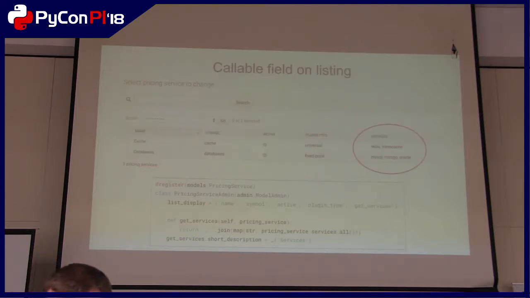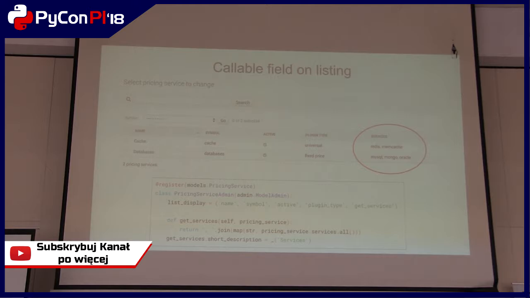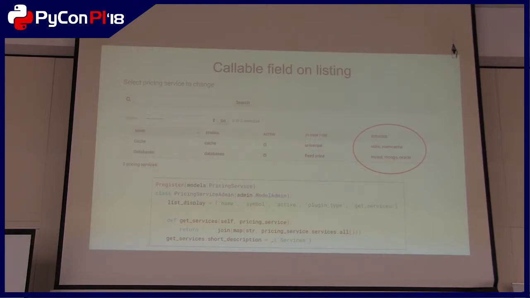The other feature built in Django admin is callable field on listing, where we could specify, when we put on the list display a field which is not defined on the model, Django admin will try to find some callable with this name. It will look for callable on the model or in the admin itself.